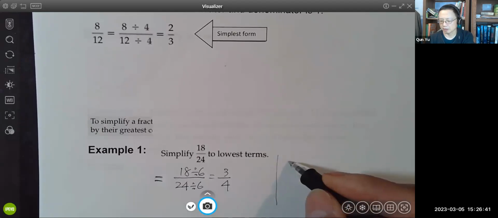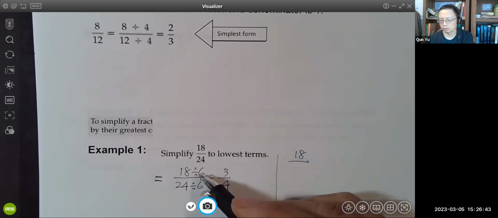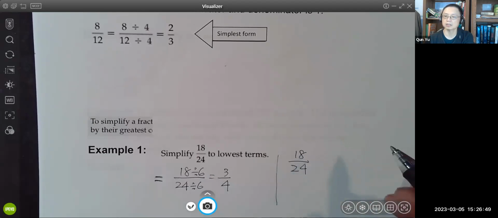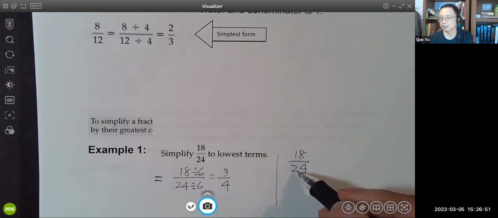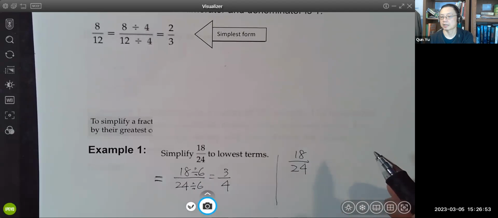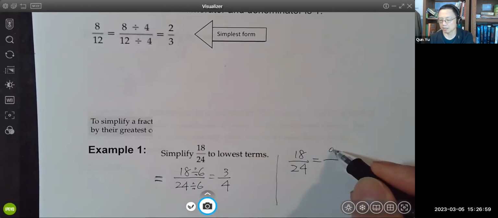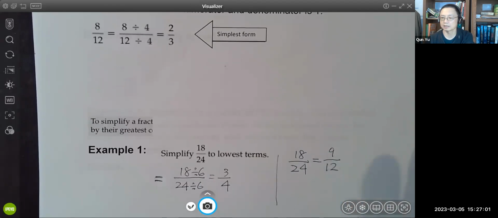But alternatively, if you don't see the greatest common factor 6, you can still reduce it by dividing both sides by 2, because both numerator and the denominator are even numbers. They can be divided by 2. So if I divide by 2 on both sides, I get 9/12, right?